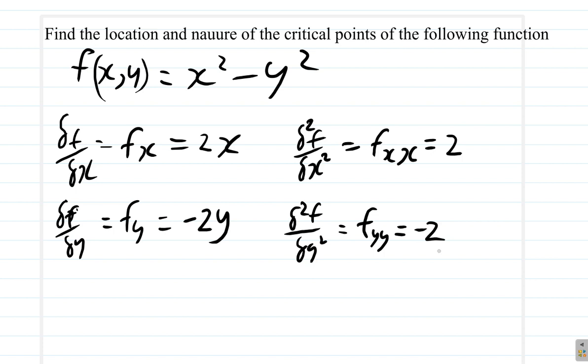Now, suppose we find del squared f with respect to del x, del y. Right? Now, this is the same thing as fyx. This is saying you differentiate with respect to y and then with x.